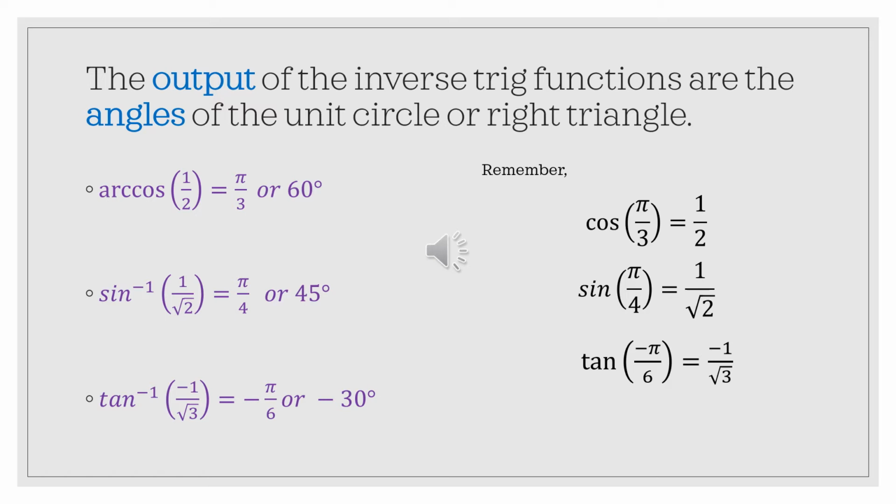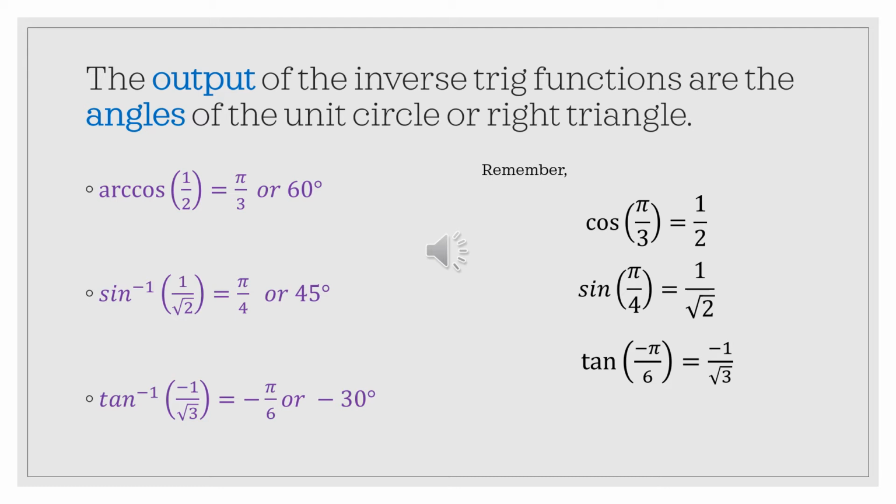The inverse functions are now going to have you plug in those ratios, and you get out the angles as your answers. So for example, arc cosine of 1/2 is either pi over 3 if you're working in radians or 60 degrees. Inverse sine or arc sine of 1 over the square root of 2 is equal to pi over 4 or 45 degrees.